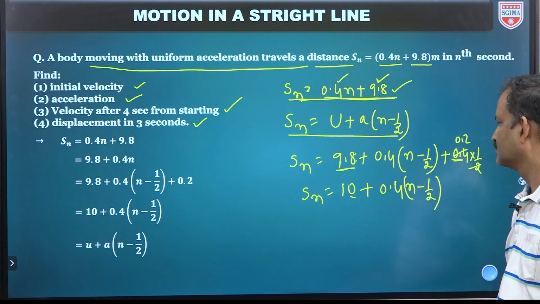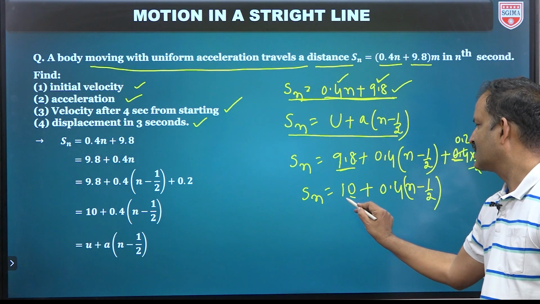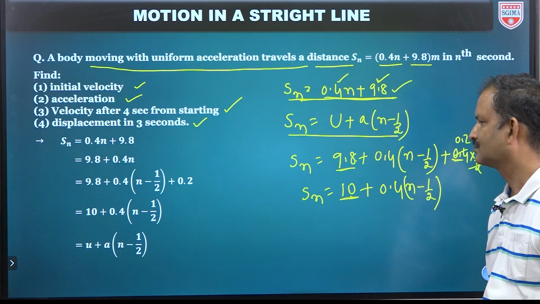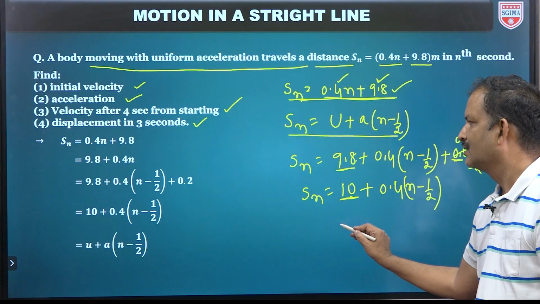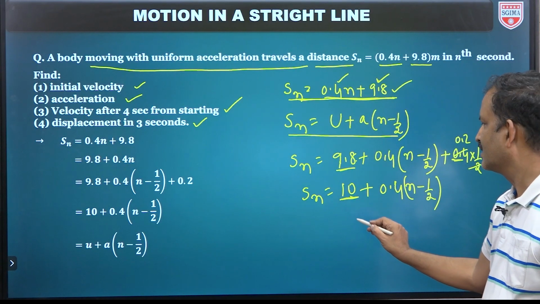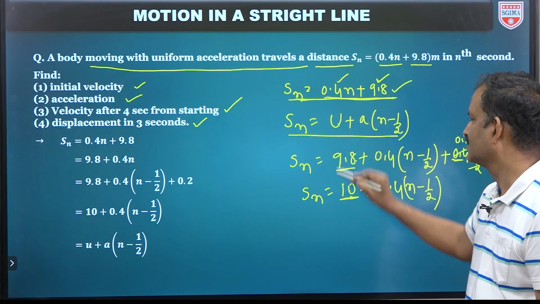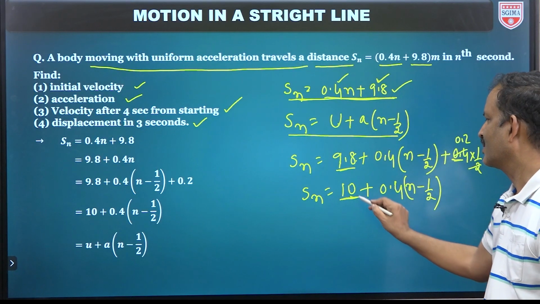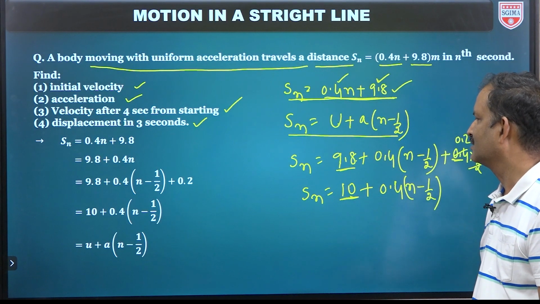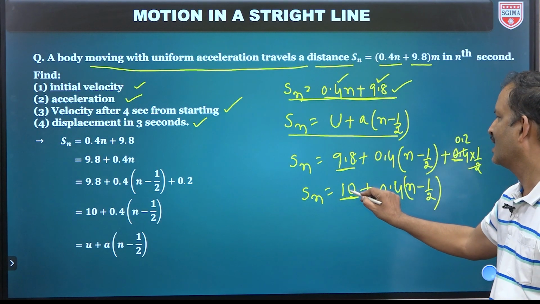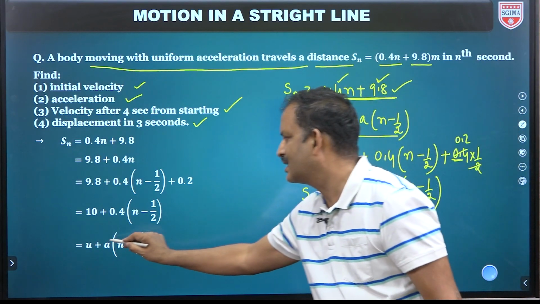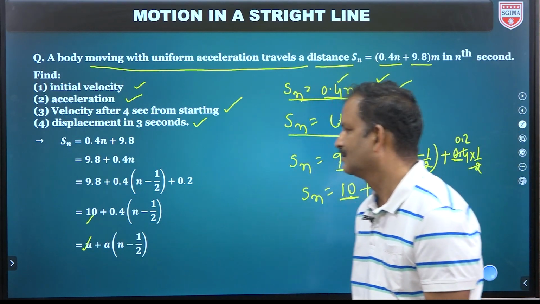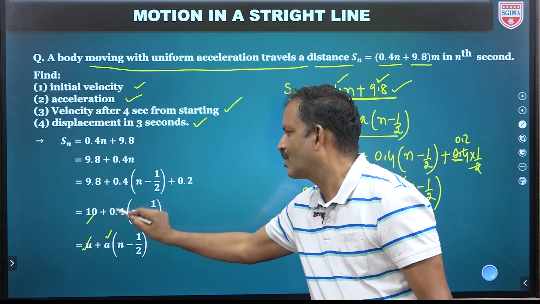Now compare this equation with this equation. Then what I am getting? The u value is 10. The a value is 0.4.